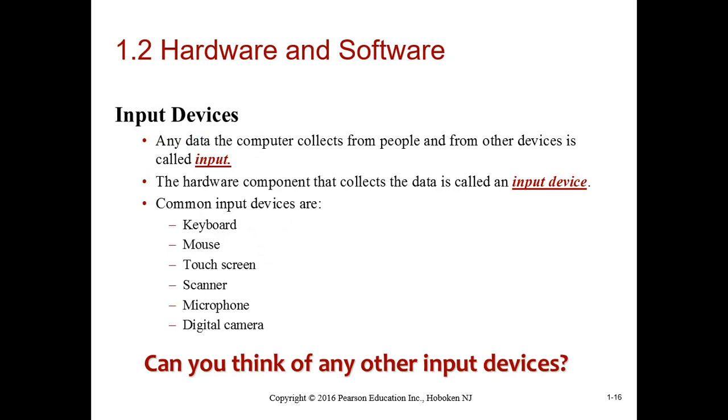Input devices, keyboards, mouse, scanners, microphones. I'm talking in a microphone right now. My input from the microphone is going into the computer, and then when you listen to it, it's coming out of the speakers. So you have input and output devices. As programmers, we do input. In this class, we'll do input from the keyboard, and I'll show you that on our first program, and we'll do output to the screen.